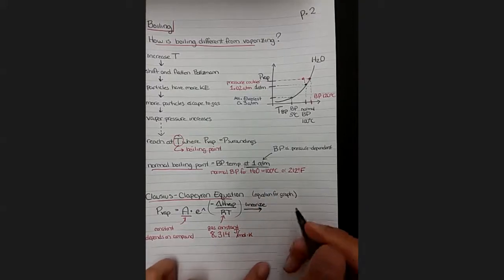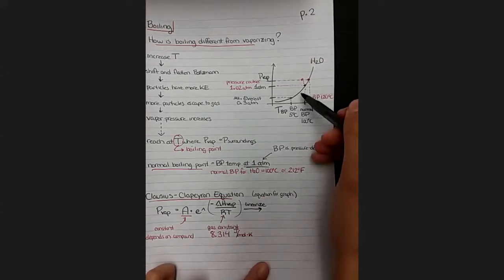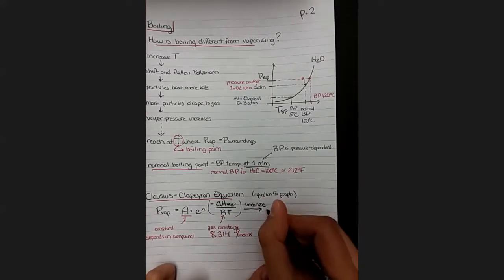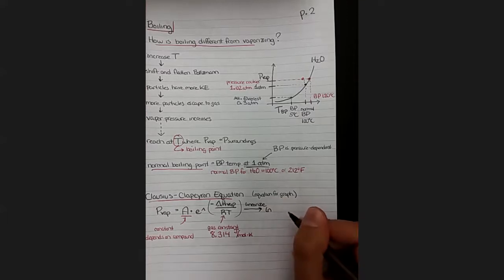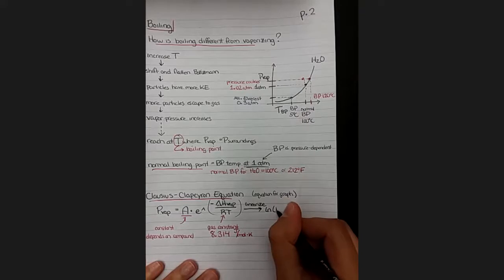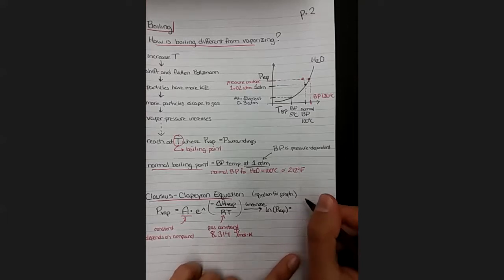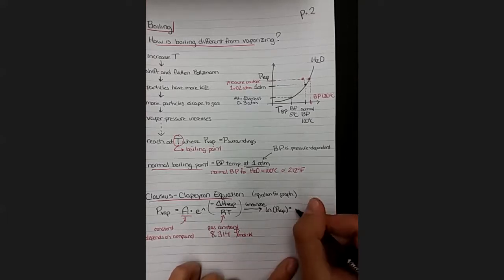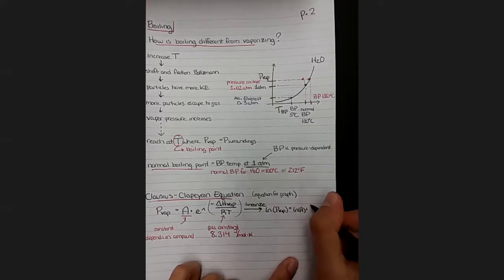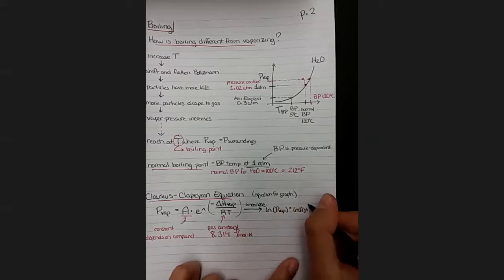And what I'm going to do is I'm going to take the log of this entire equation, because this is a logarithmic curve, and that will convert it into a linear relationship. So I'll take the natural log of both sides. So natural log of vaporization pressure. And then when I take the log of this term, it separates into two. Natural log of A plus natural log and exponential undo each other.